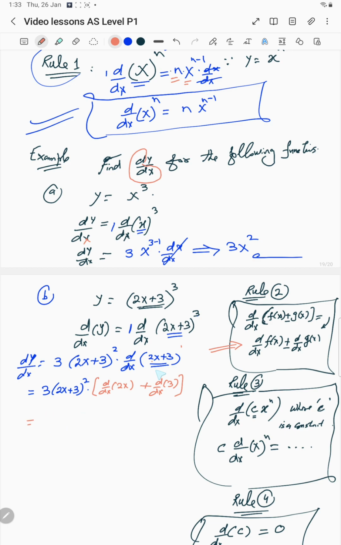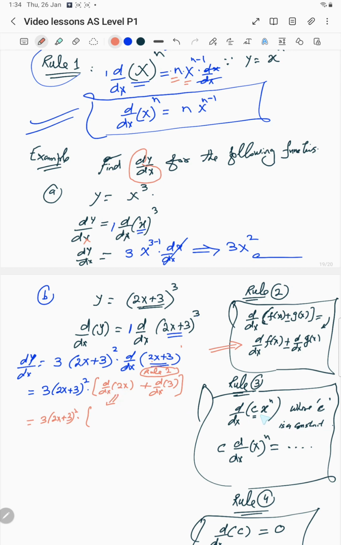Right, this I applied this rule 2. Rule 2 I applied here as per my instructions. Now here you can see 2 is going to multiply with the variable and rule 3.